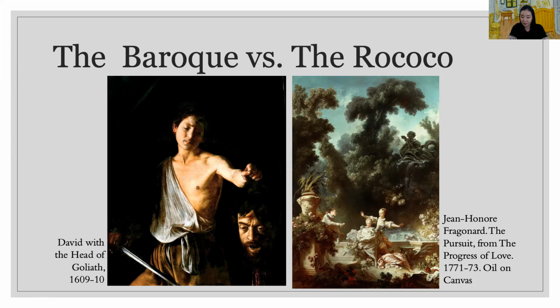On the other hand, the Rococo painting depicts daily life and nature of the novels. It shows light and bright and it looks very lovely.